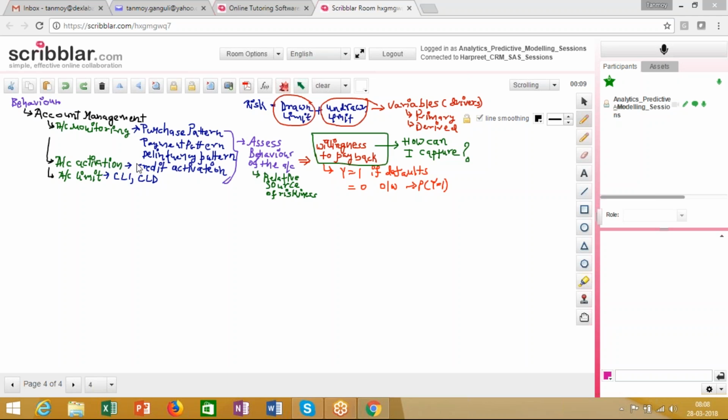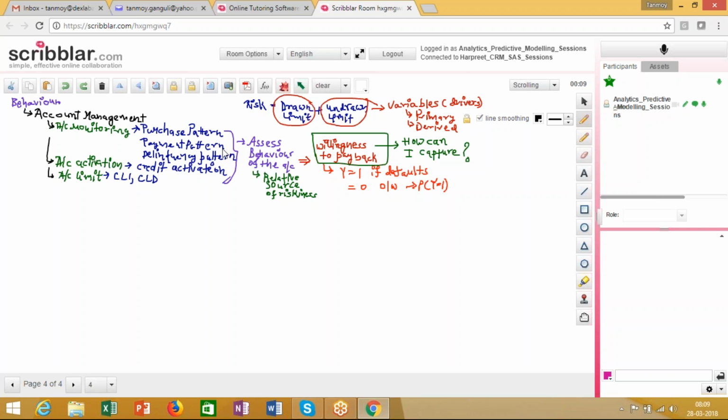Then we have account activation. There can be a case where a person has taken a credit card, but he has not been paying back his funds regularly, or he has not used his funds ever. So he is an inactive account on the books of the bank.